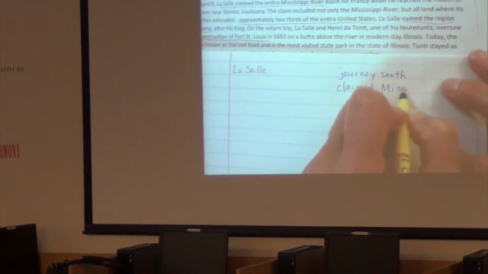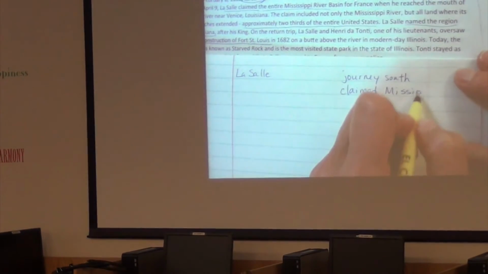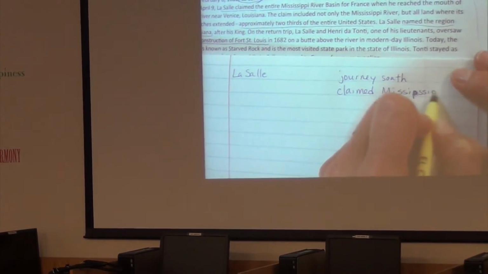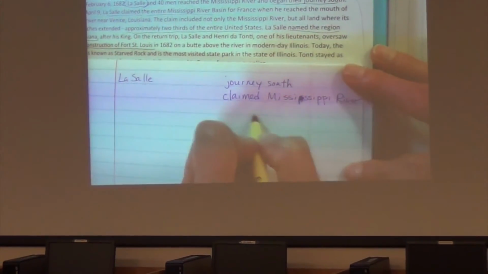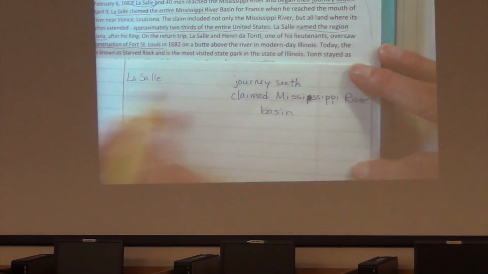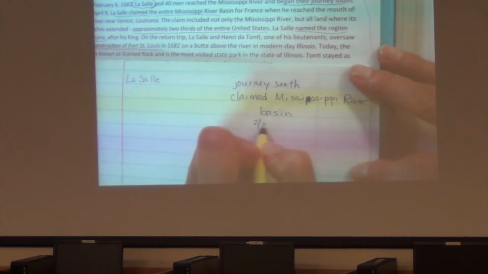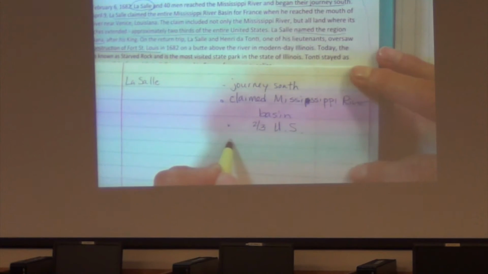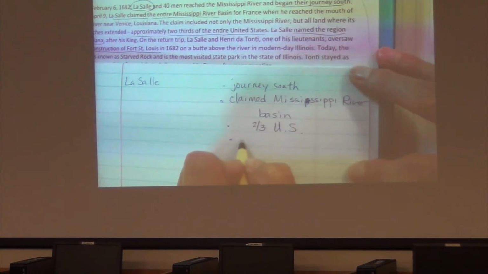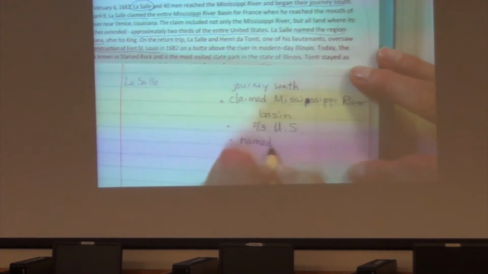Mississippi River Basin, M-I-S-S-I-S-S-I-P-P-I, river basin that made up 2/3 of the United States, and named it Louisiana, and constructed a fort.